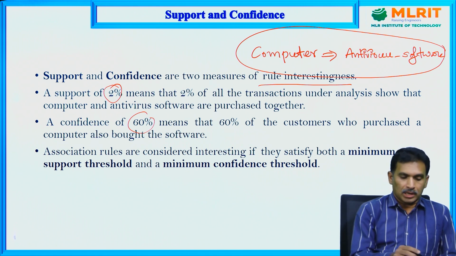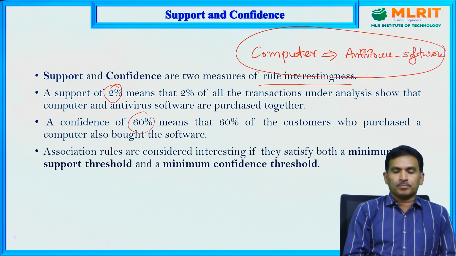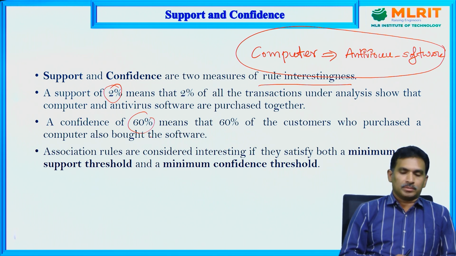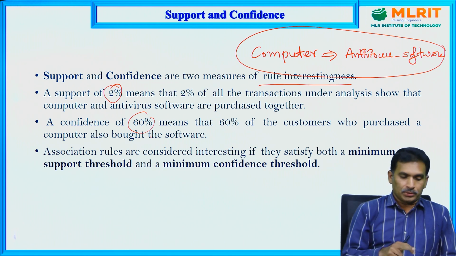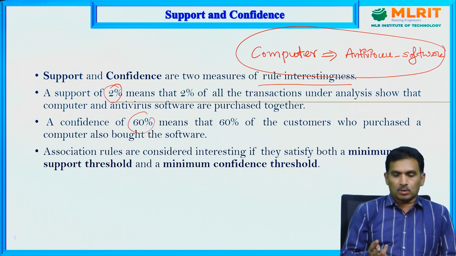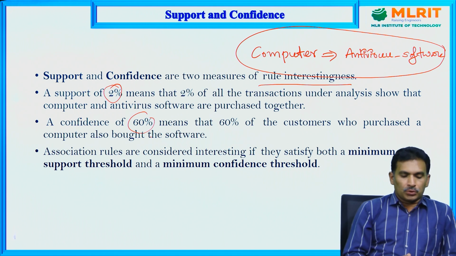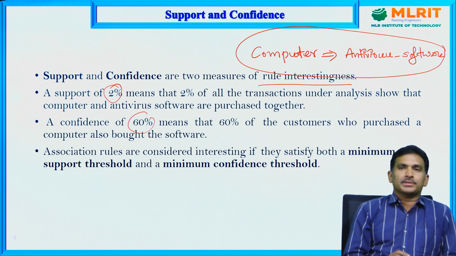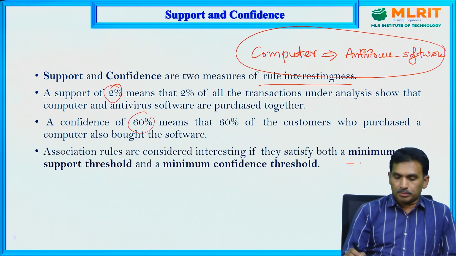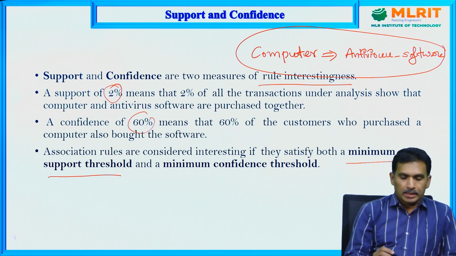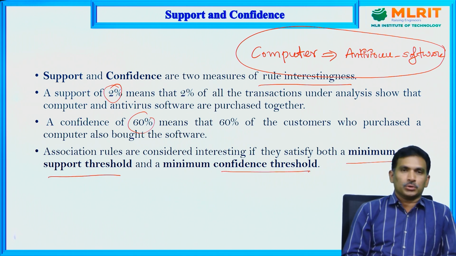The confidence of 60% means that 60% of the customers who purchased a computer also bought the software. So association rules are considered interesting if they satisfy both the minimum support threshold and minimum confidence threshold.